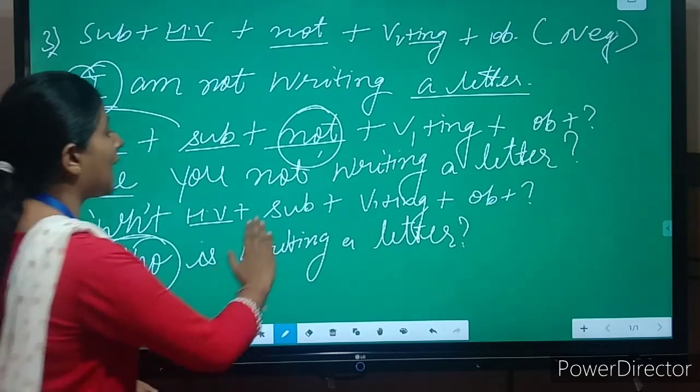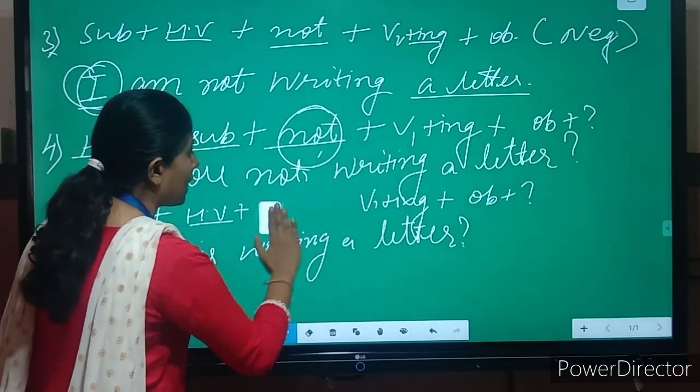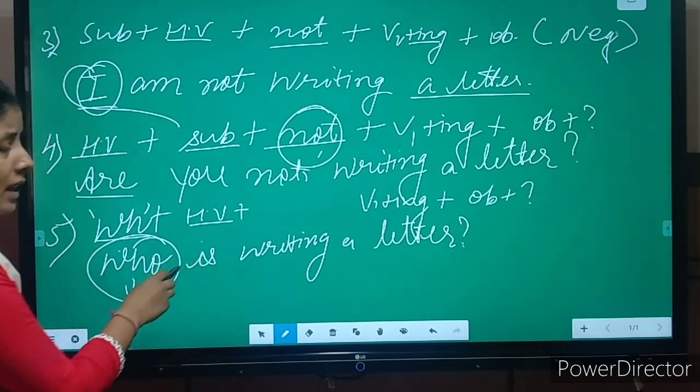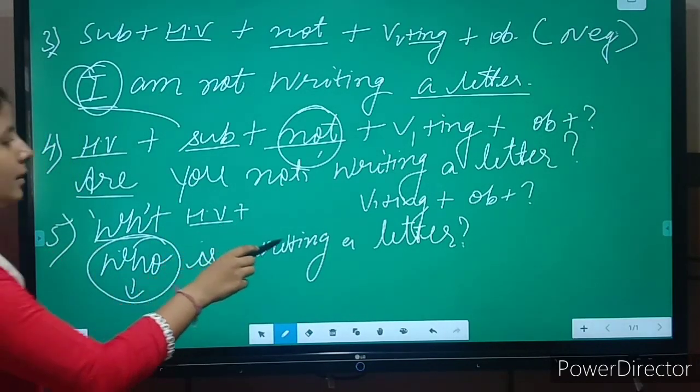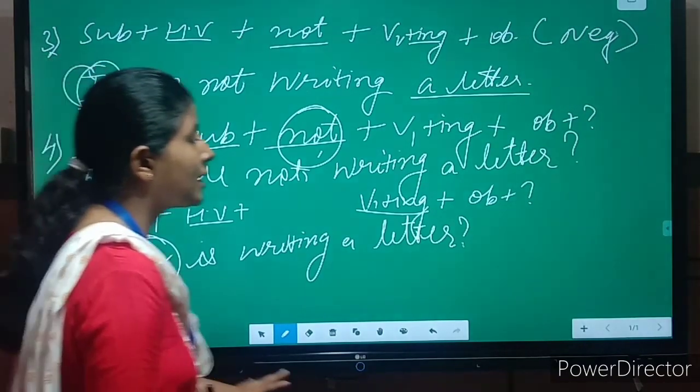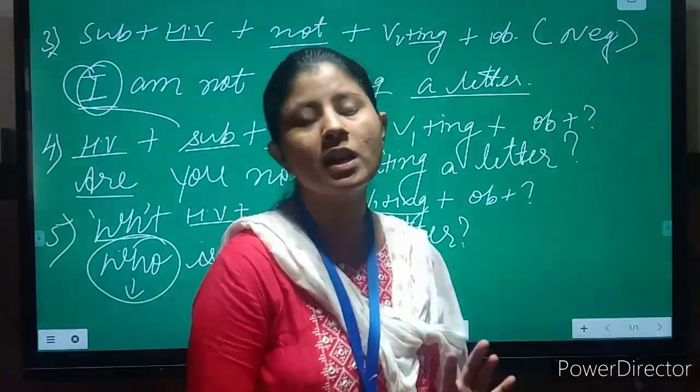So we can't add subject in the structure. So our structure will be WH word, and then helping verb, and then main verb. Who is writing a letter? Clear? So this is how you can form the different sentences.